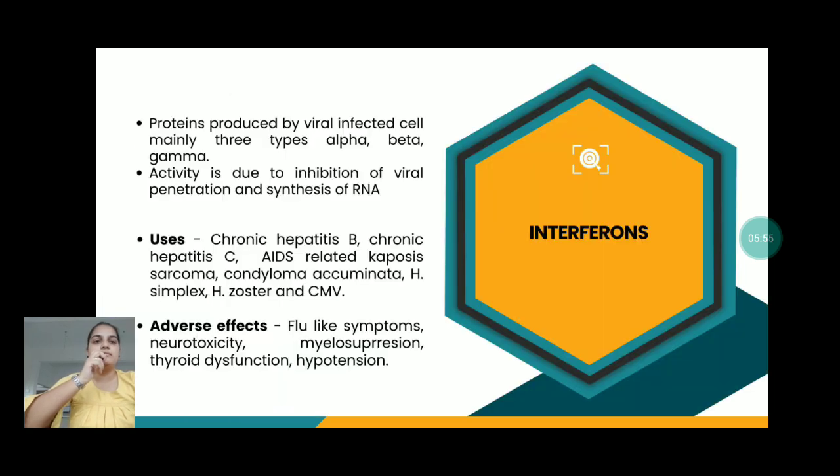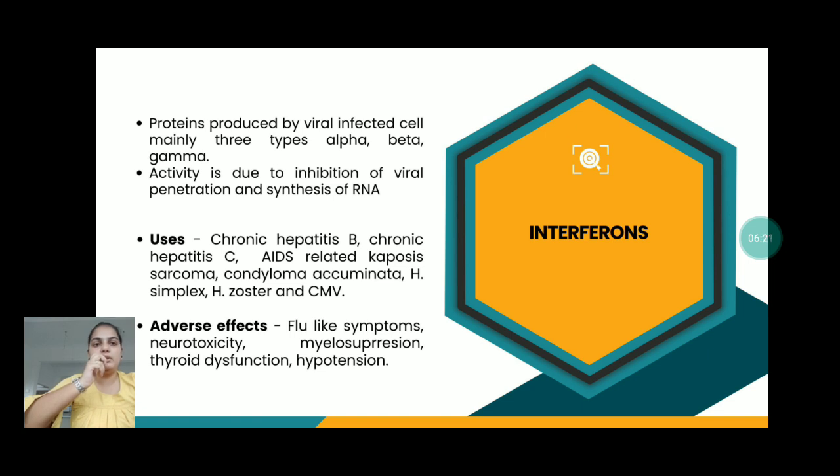Now the next drug that is very important, interferon. Interferons are produced in the body in response to certain stimuli. They are proteins produced by virus-infected cells, mainly three types: alpha, beta and gamma. Activity is due to inhibition of viral penetration and synthesis of RNA. There are various mechanisms of interferons, but the main is inhibition.